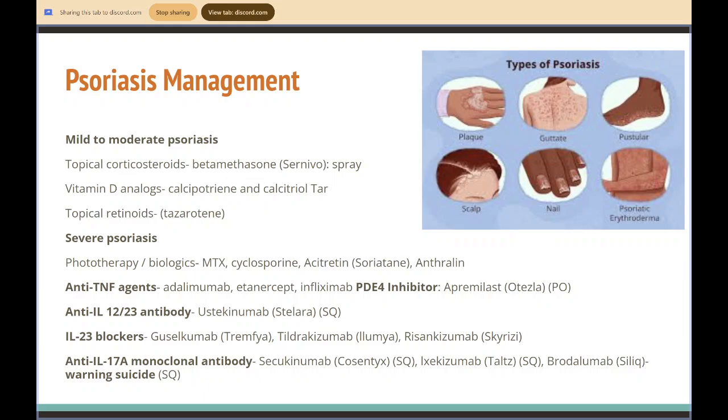And then anti-IL-17A monoclonal antibodies are going to be Cosentyx, Taltz, and Cilic. And all of those are sub-Q. With Cilic, there is a suicide warning. Okay. For Cilic, remember S for Cilic, S for suicide, and that will help you with those warnings.